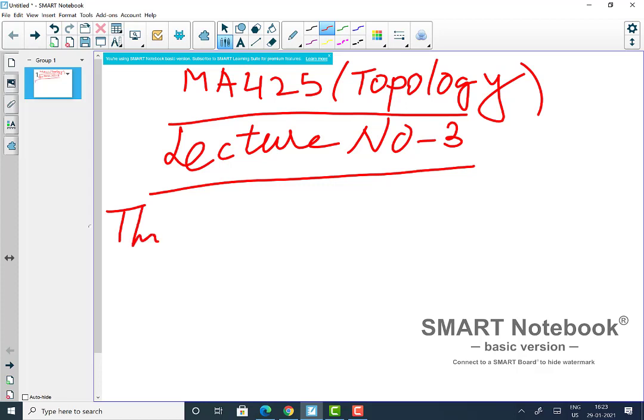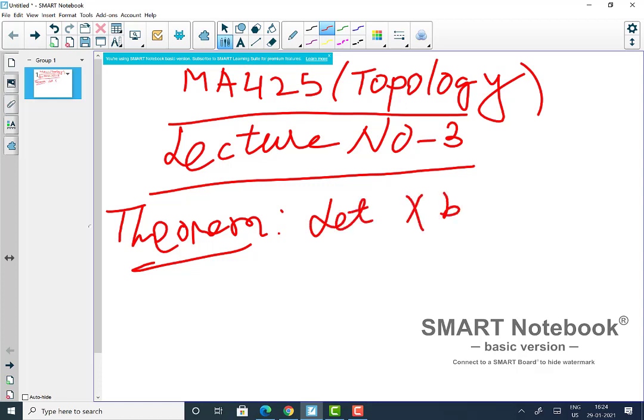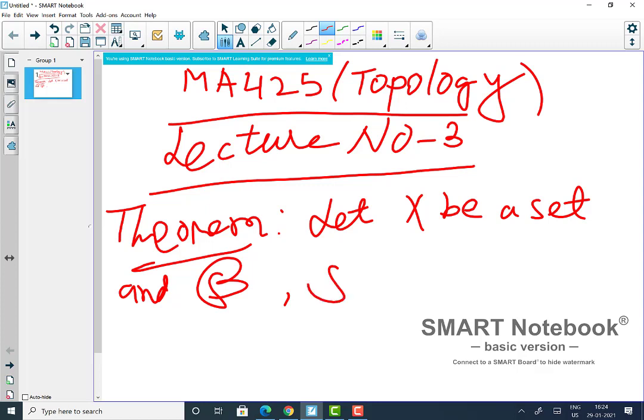So let us discuss the theorem. Suppose we have two topologies on a set. Let X be a set, and let B and B1 be two bases.